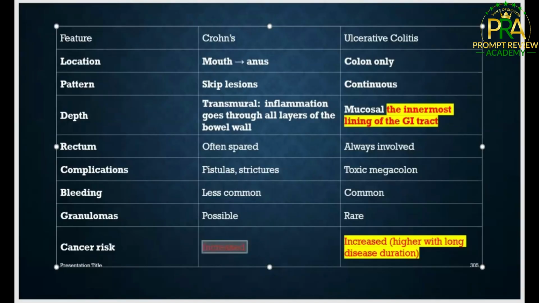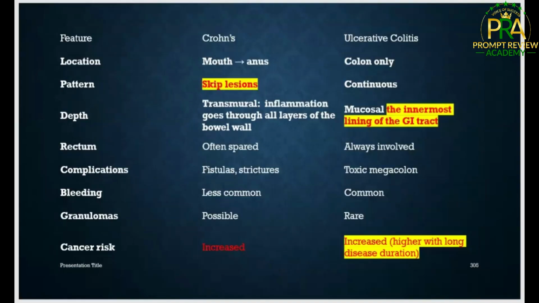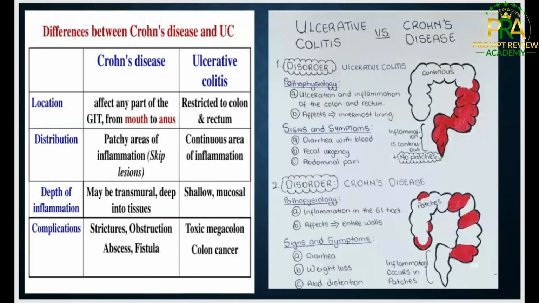Skip lesion: you can always use the diagram to remember. This is continuous, this is patchy. And Crohn's will have a risk of fistula, but ulcerative will have toxic megacolon.